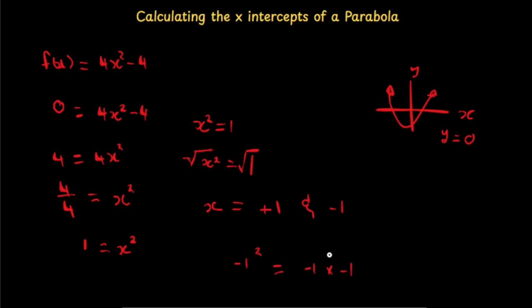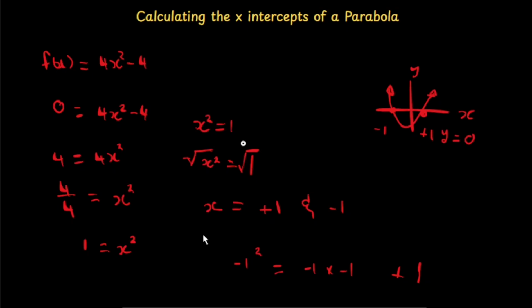And let's leave the signs out for a moment. 1 times 1 is 1. And now let's take into account the signs. Negative times negative is positive. So you would see that I will get positive 1 if I square both negative 1 and positive 1. So using this little method, we can clearly see that x would be positive 1 there and x would be negative 1 here.